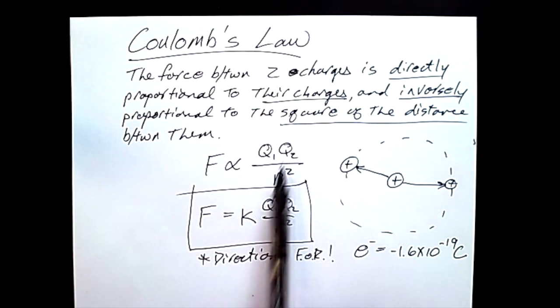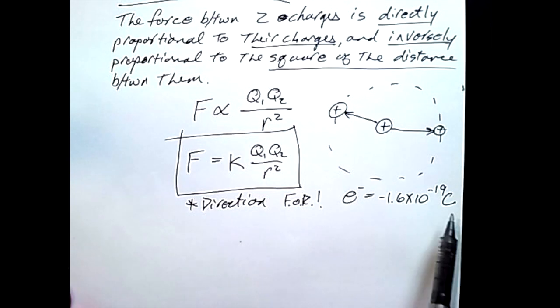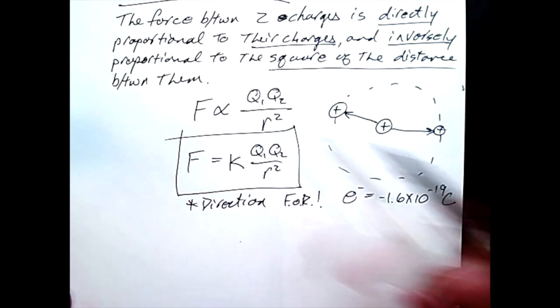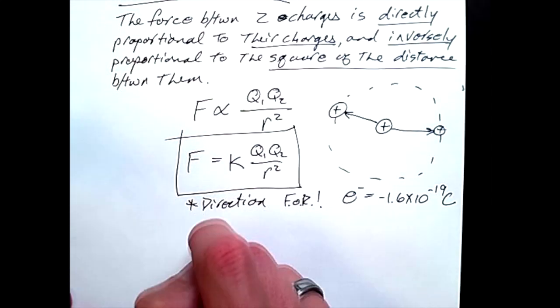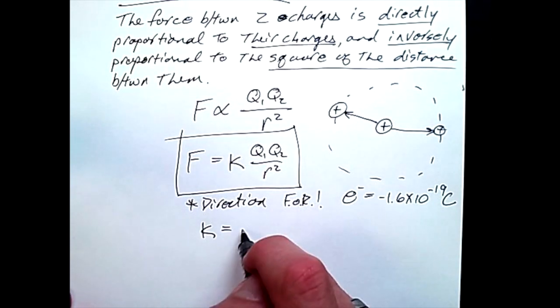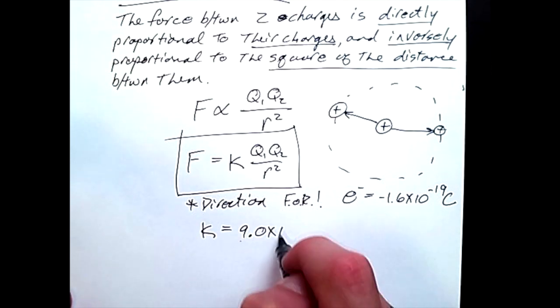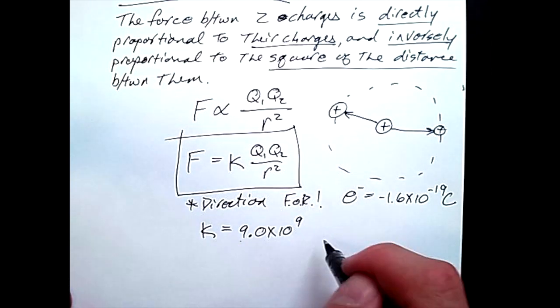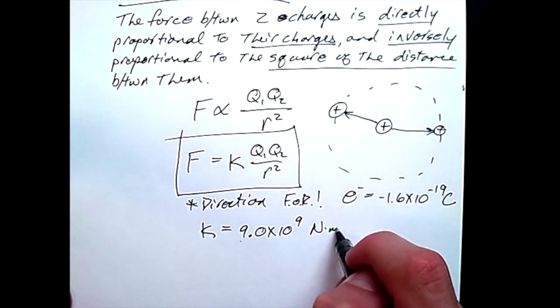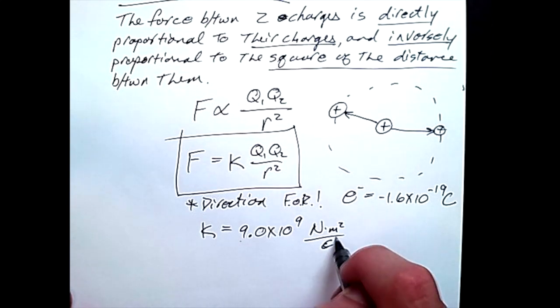Normally these charges will be presented in coulombs as the unit. The coulomb unit, which we will talk about when we do a little bit more electricity, and the radius is listed in meters, then K, as Coulomb's constant, happens to be 9.0 times 10 to the 9th, and the units are newtons times meter squared divided by coulombs squared.